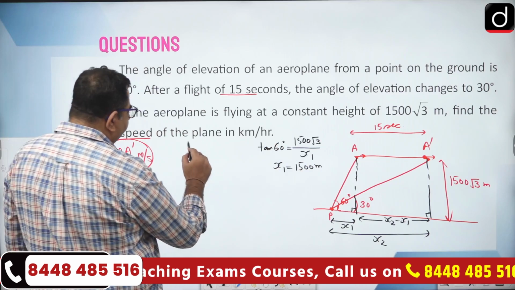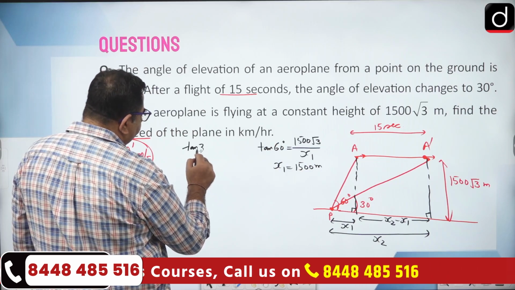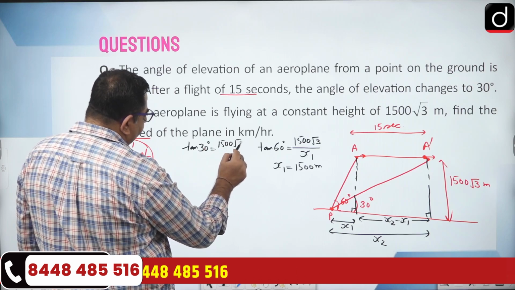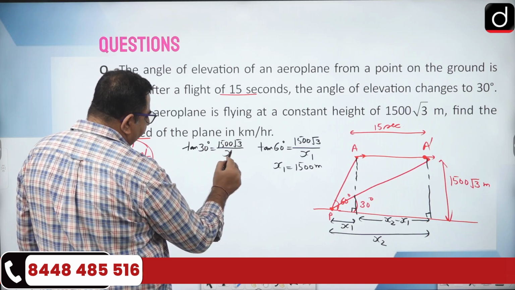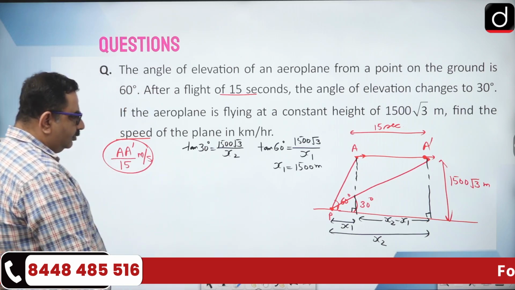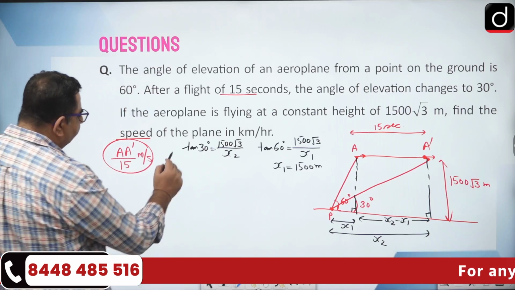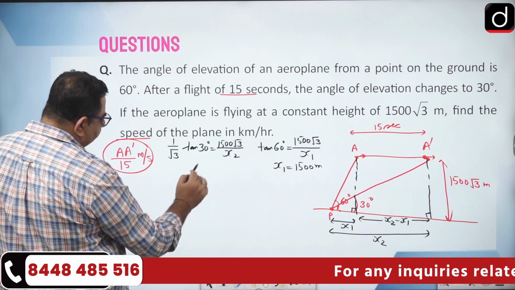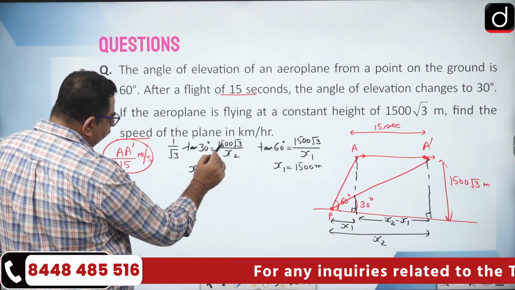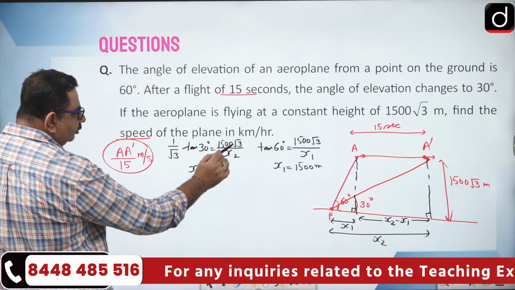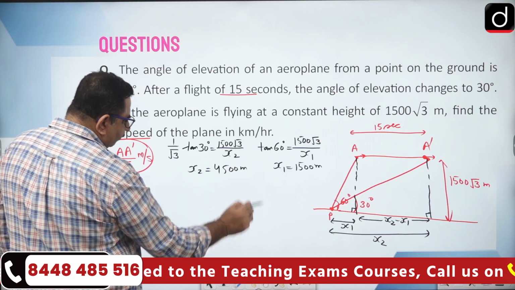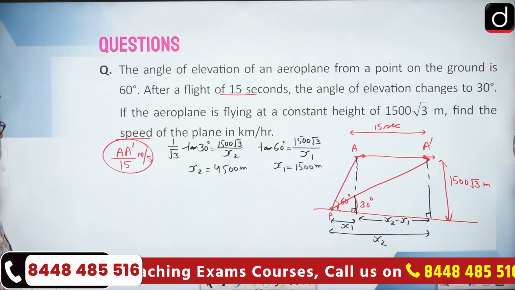In the same manner, tan 30 degree is also 1500 root 3 divided by x2. Now tan 30 degree is 1 by root 3. So root 3 into this will be x2. So x2 is equal to 1500 into root 3 into root 3, that is 3, so 4500 meters.